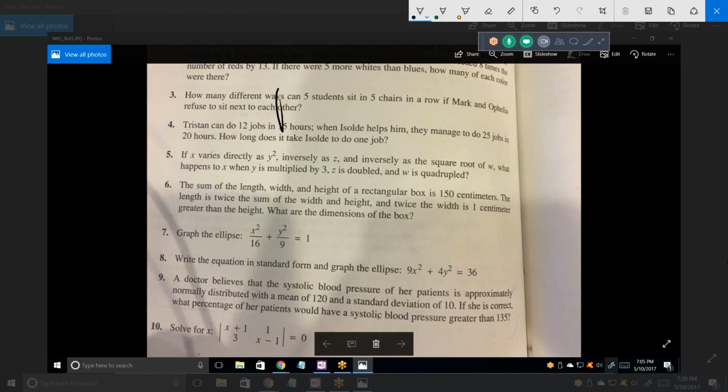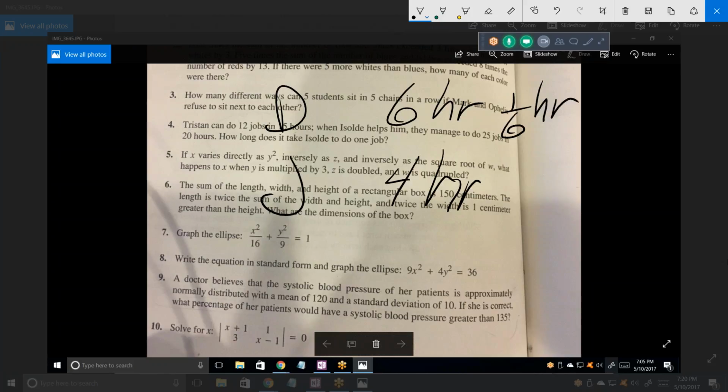So, David, I can paint the house in 6 hours, and Justin can paint the house in 4 hours. What part of the house can I do per hour? 1/6. What part do you do per hour? 1/4.